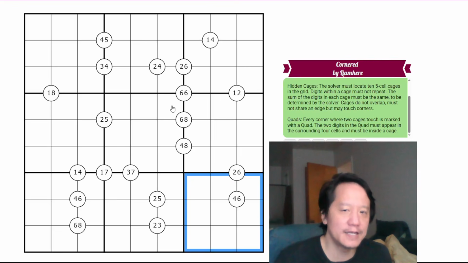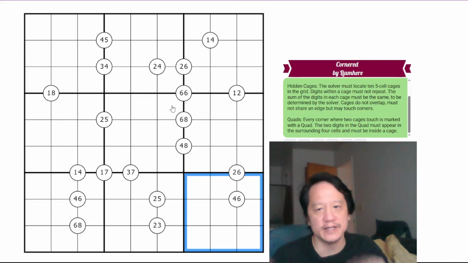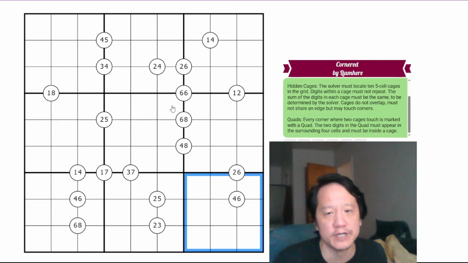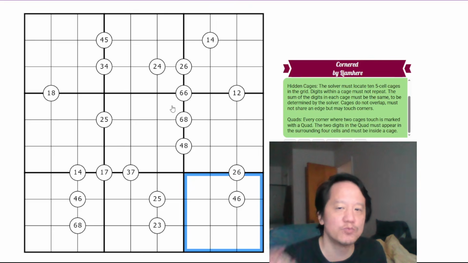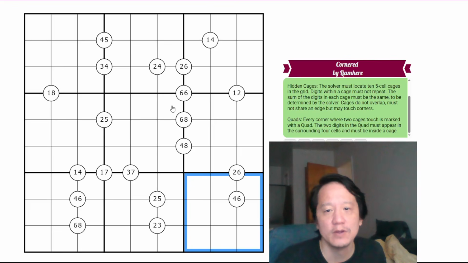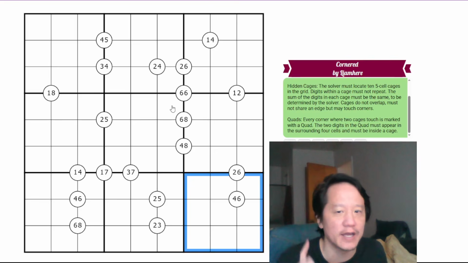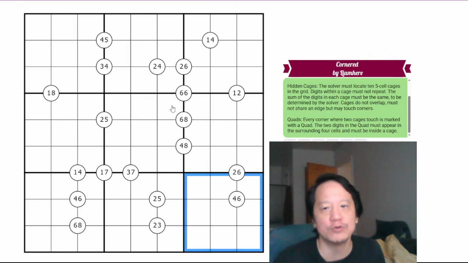We have hidden cages, where the solver must locate 10 5-cell cages in the grid, and the digits within a cage must not repeat. The sum of the digits in each cage must be the same, which is to be determined by the solver. And cages do not overlap and must not share an edge, but may touch corners.